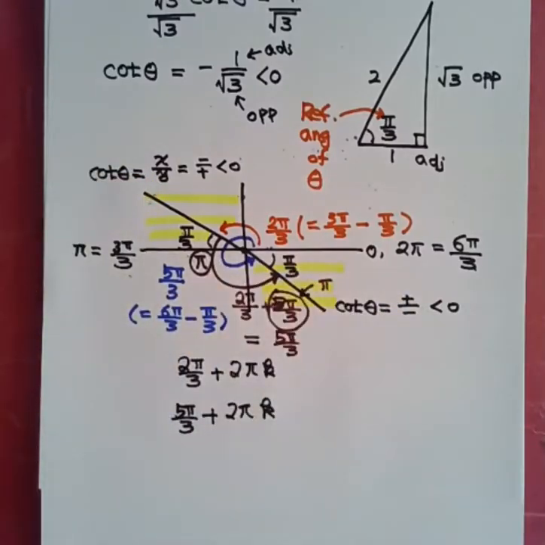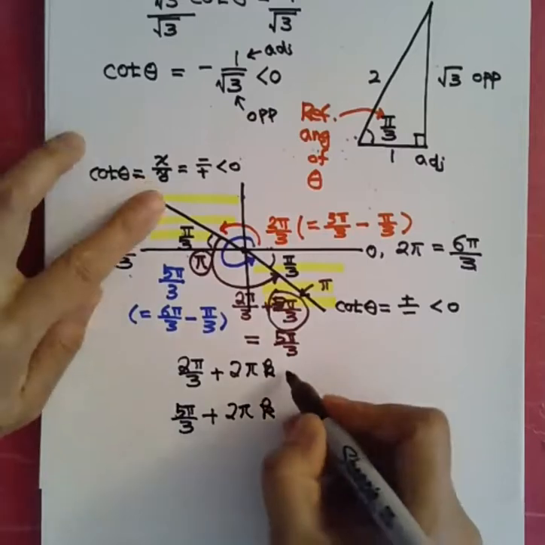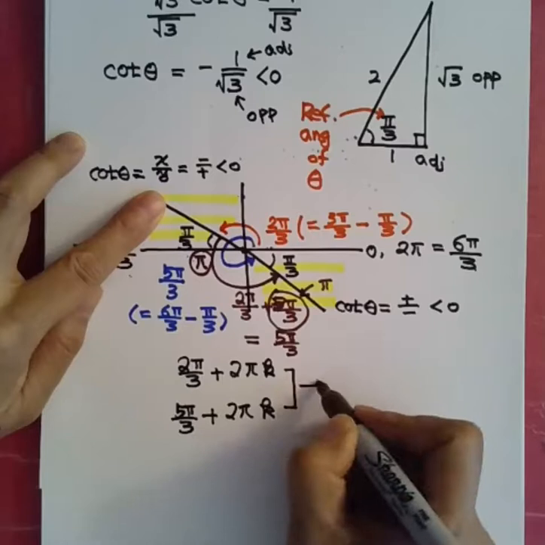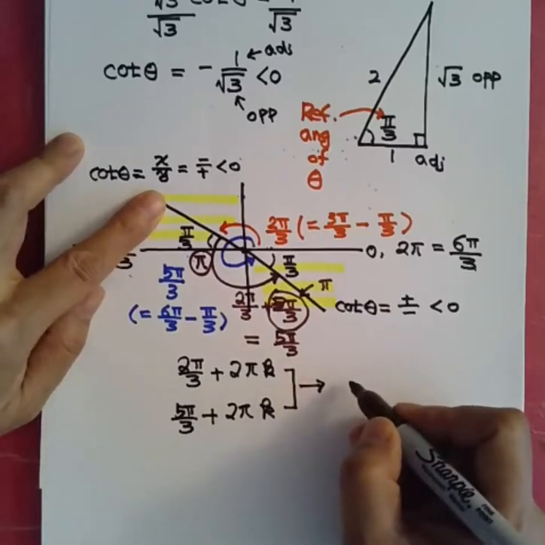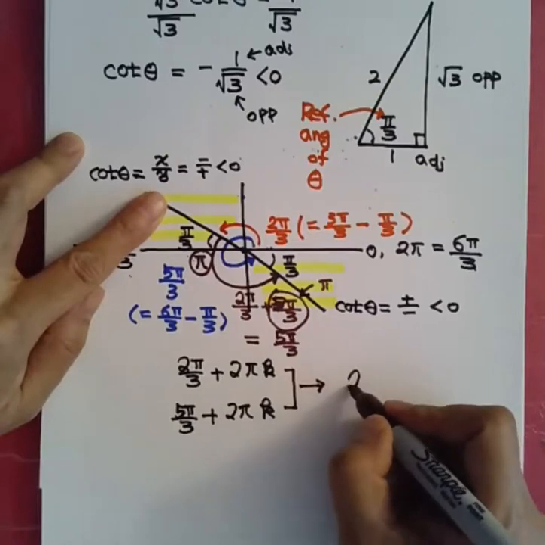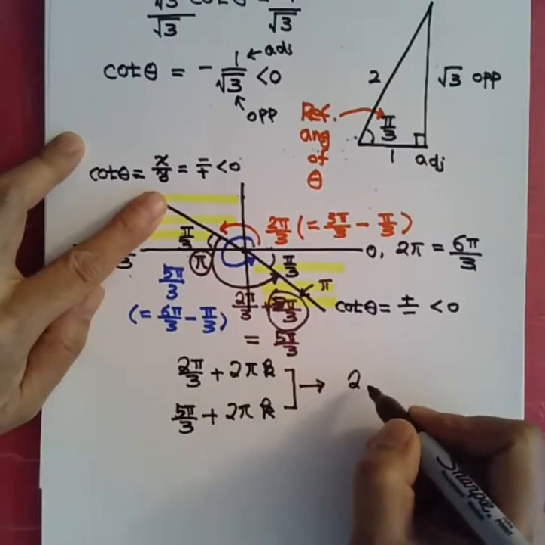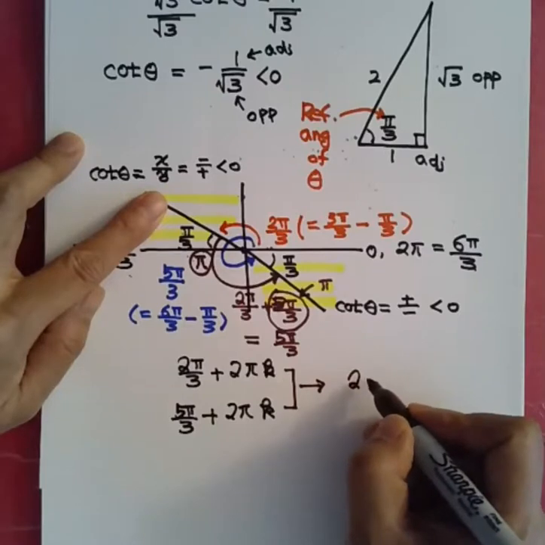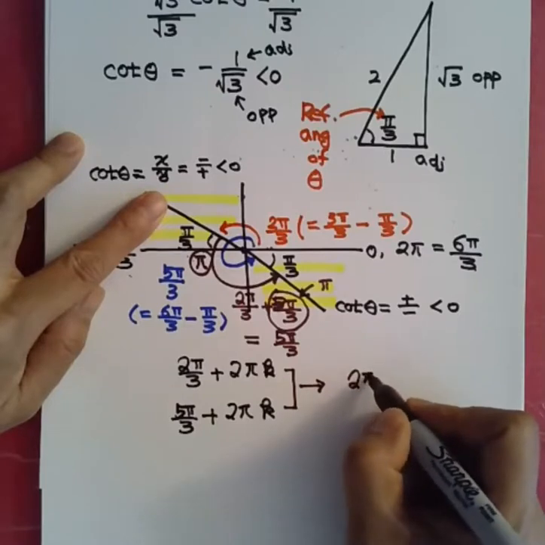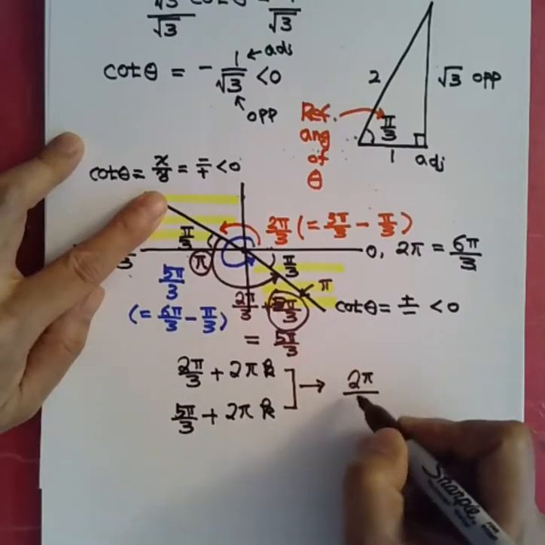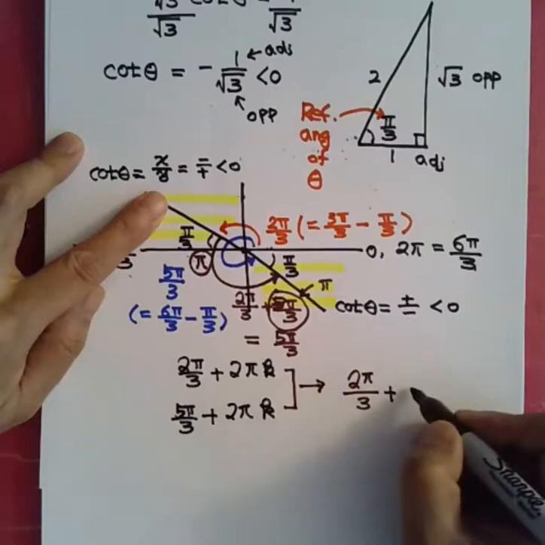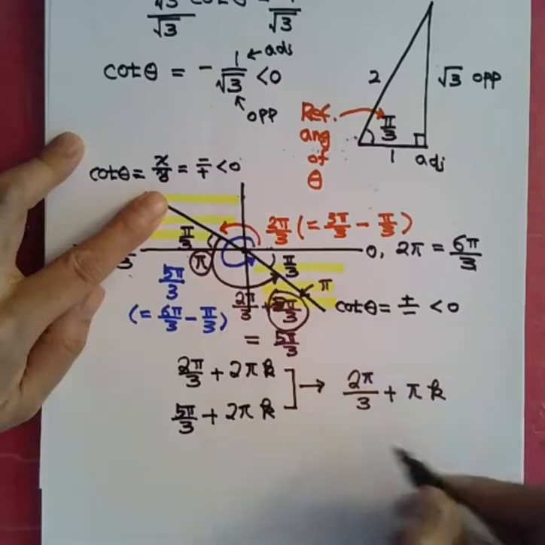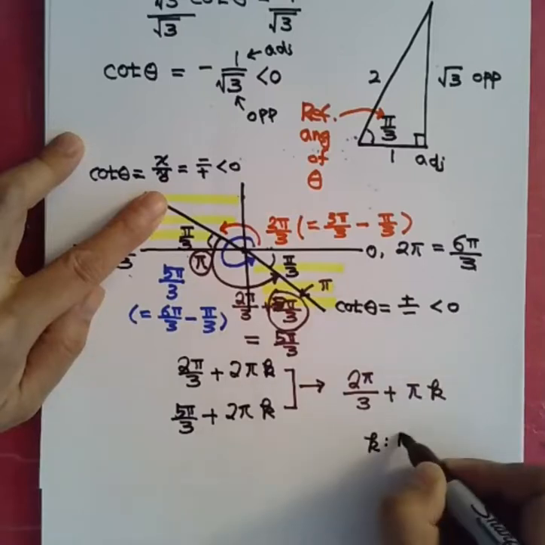So instead of writing the answer in this way, you can combine the answer so that the final answer becomes simpler. So instead of adding 2 pi, you can add pi. So 2 pi over 3 plus pi times k when k is an integer.